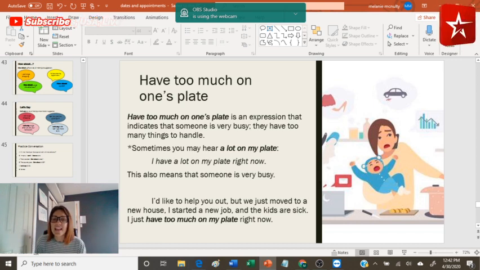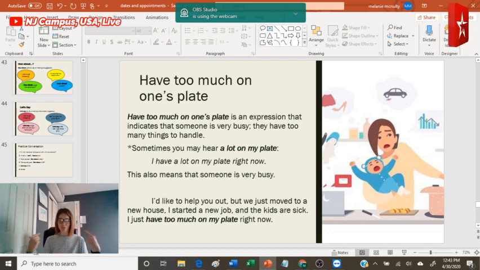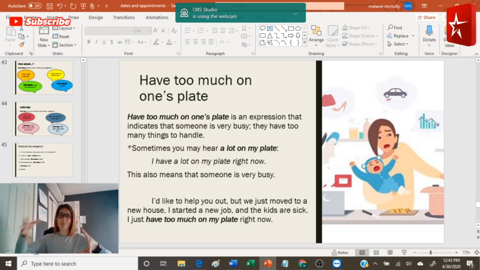And this is an idiomatic phrase similar to some that we looked at last week. So if you have too much on your plate, have too much on one's plate, you can picture a plate like a dinner plate. And maybe if you put too much food, you can't eat it all, right?